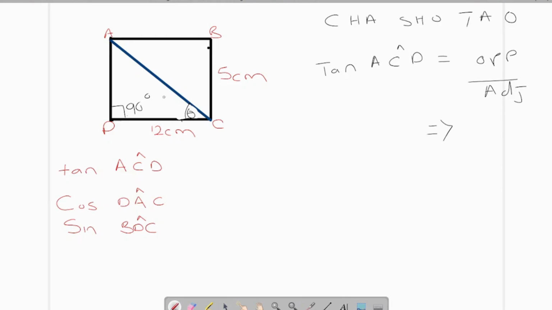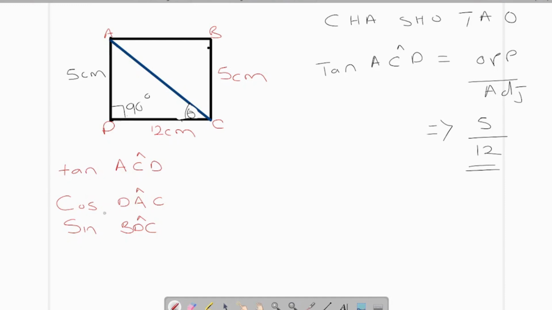Our opposite on our diagram, like I said before, is the side opposite theta. The side opposite our theta here is BC, which is 5 centimeters. So our opposite is 5 centimeters, and the adjacent, like I said, is the side with two marked angles, which is DC, 12 centimeters. So this is our answer: tan ACD is equal to 5 over 12.